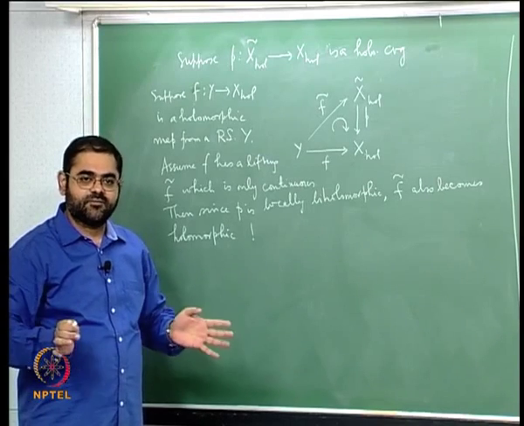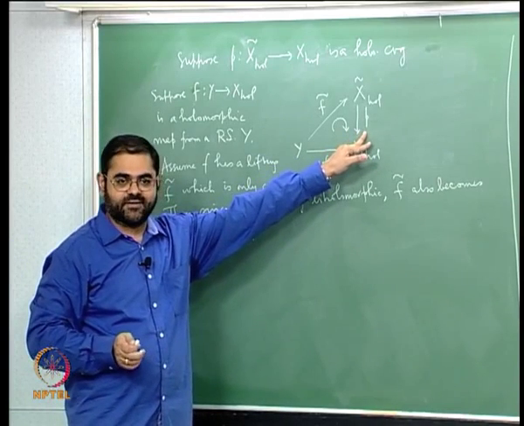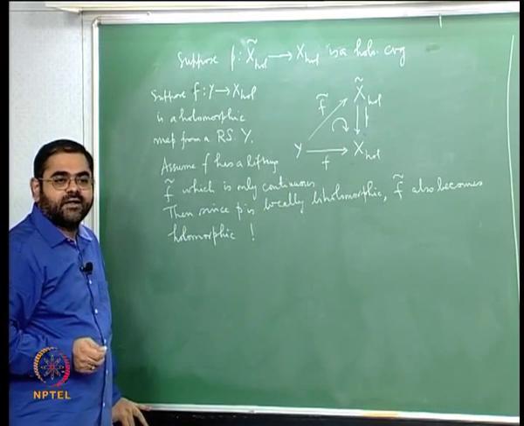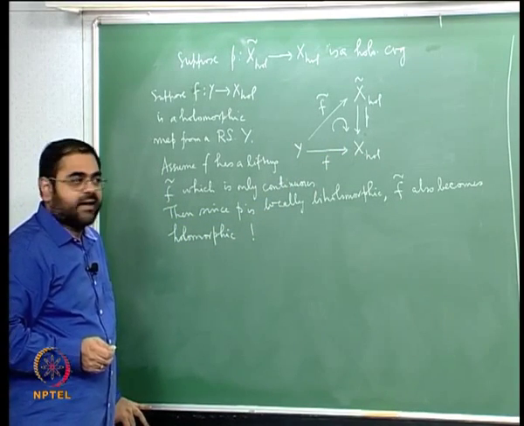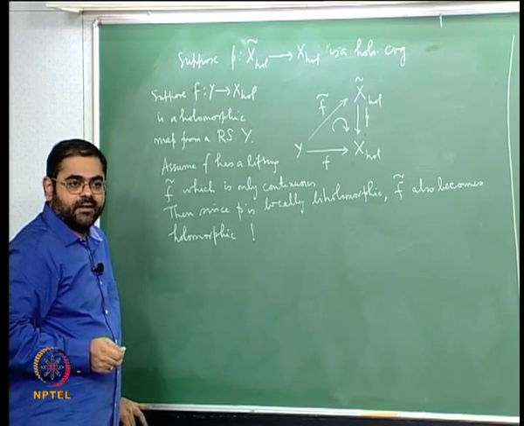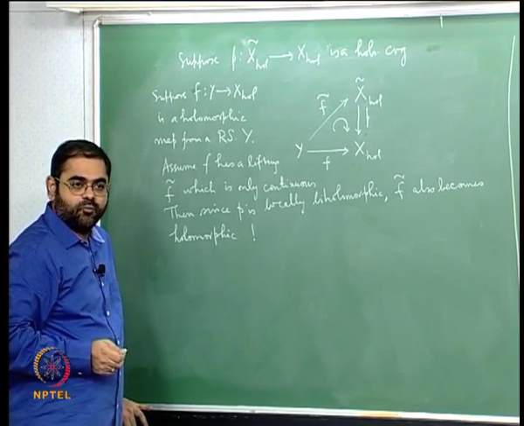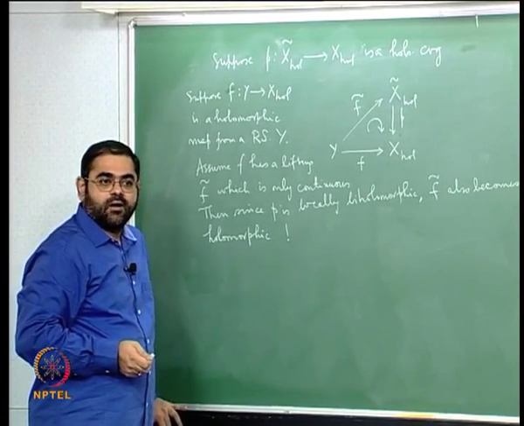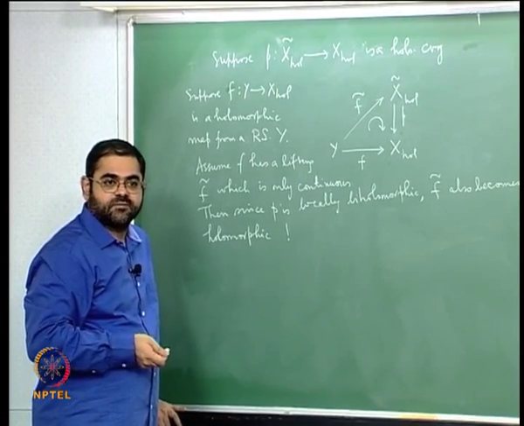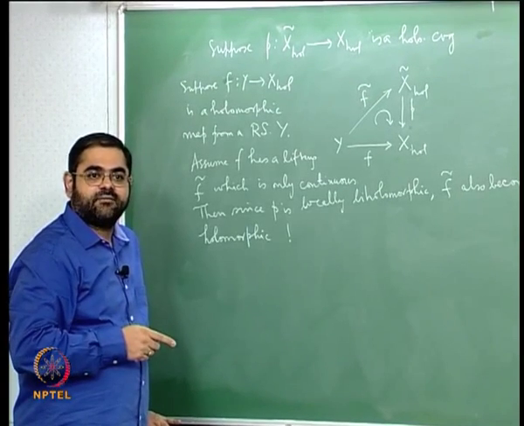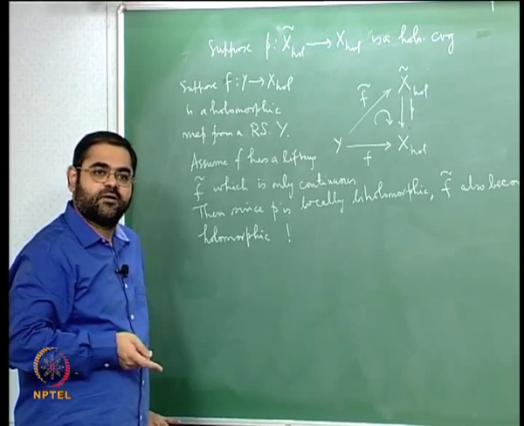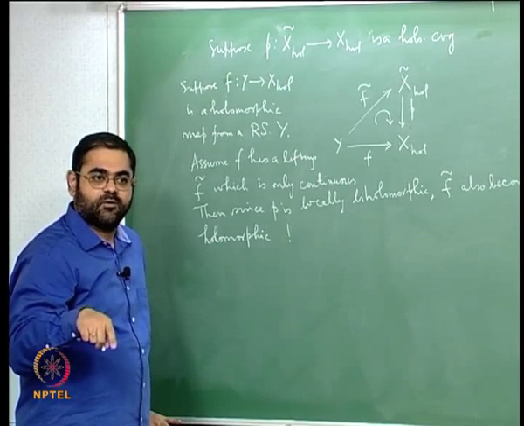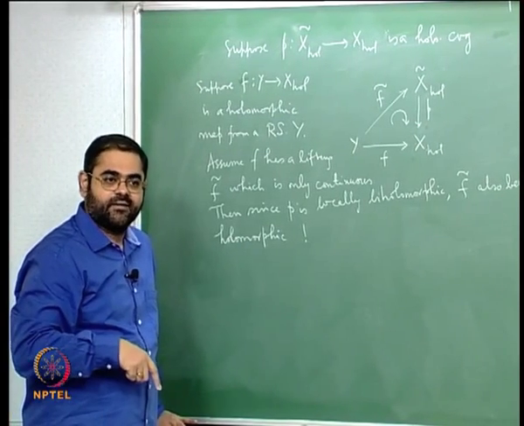You get that for free, just because P is locally biholomorphic. That is one remark. Now what is the advantage of this remark? If you take the universal cover, then the deck transformation group, which was identified as a subgroup of homeomorphic automorphisms of the universal cover, will now be identifiable as a subgroup of holomorphic automorphisms of the universal cover, given the natural, unique holomorphic structure that comes from below.